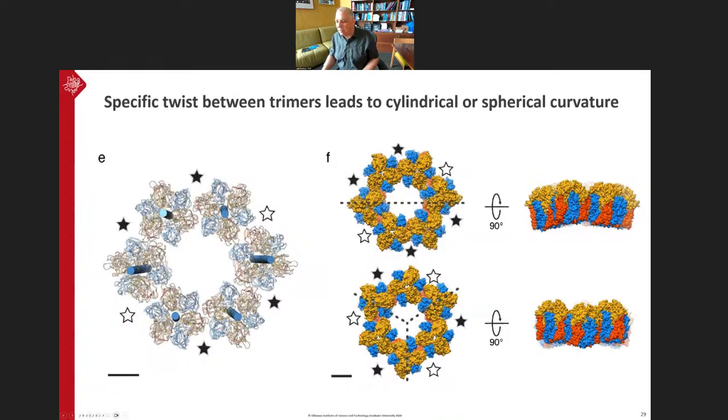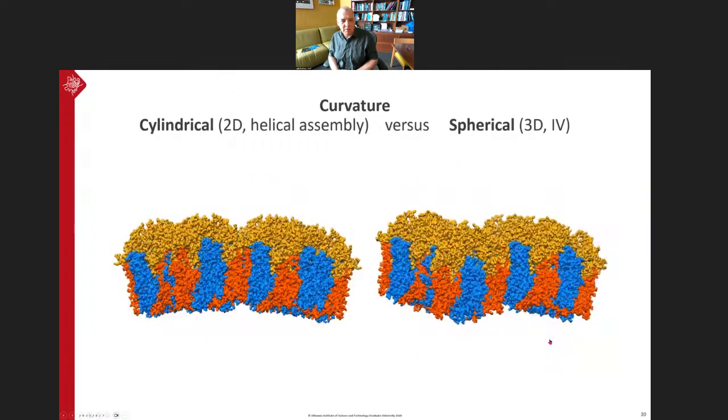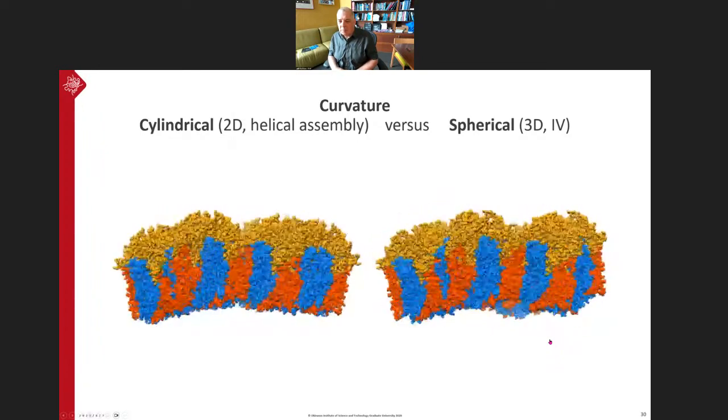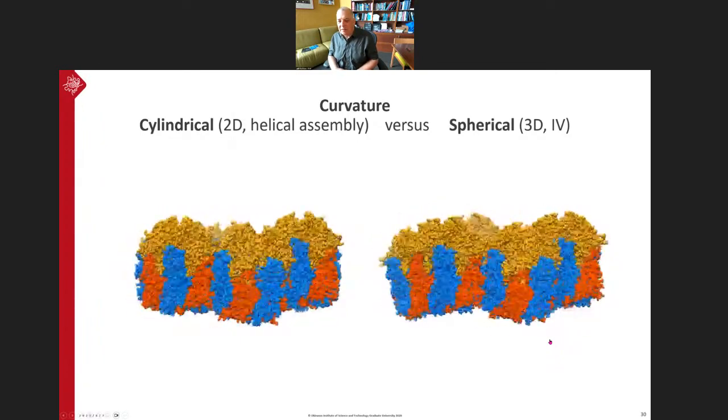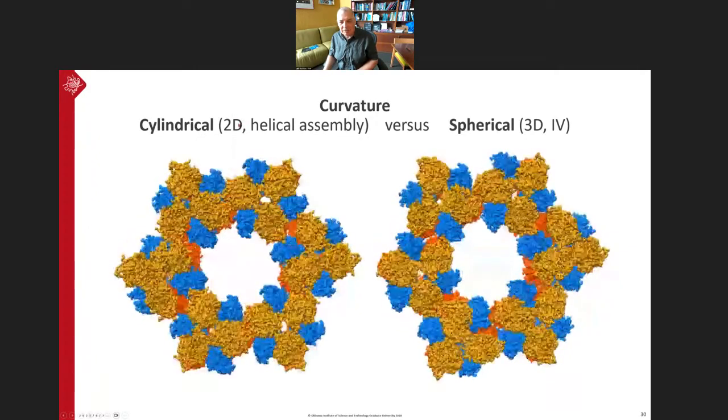I should say that we only have a tomogram of this at low resolution, but the single particle data and the modeling here are very consistent with the fully curved spherical curvature. So here you see the comparison between the cylindrical and the spherical assembly, and the spherical assembly again was put together in silico. So we have experimental data only for the left one.